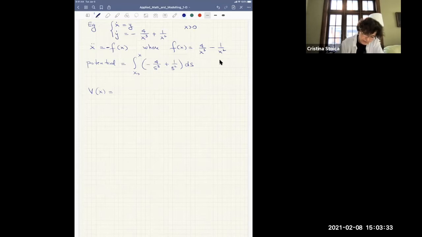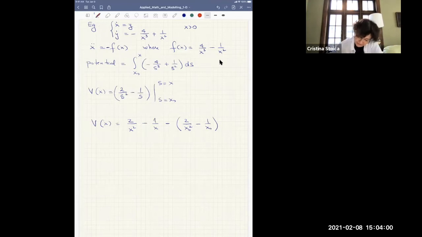So it will be 2 over x squared minus 1 over s taken in between s is x naught and s is x. So we end up with 2 over x squared minus 1 over x minus 2 over x naught squared minus 1 over x naught. And again, I'm going to do the same thing here, the same stuff that I did before. I'm going to just drop this term.